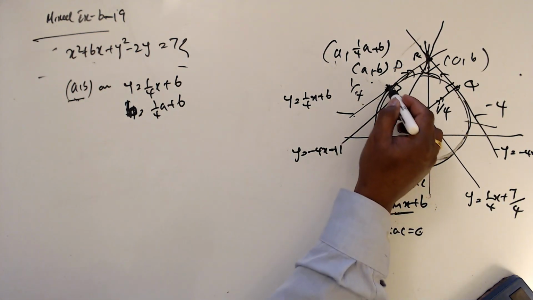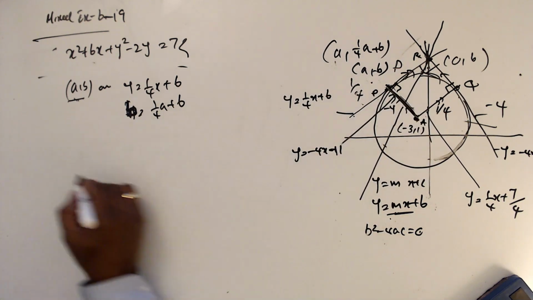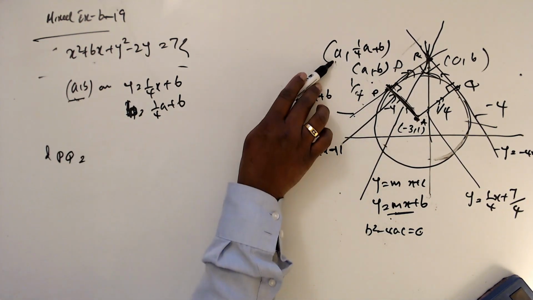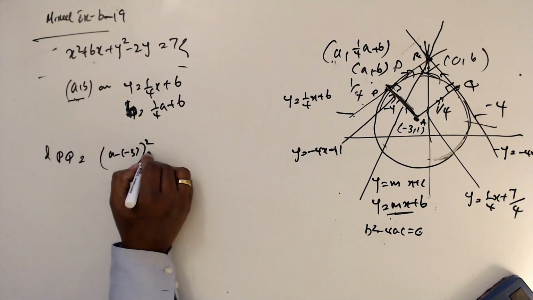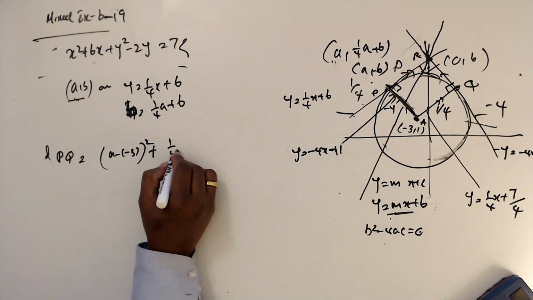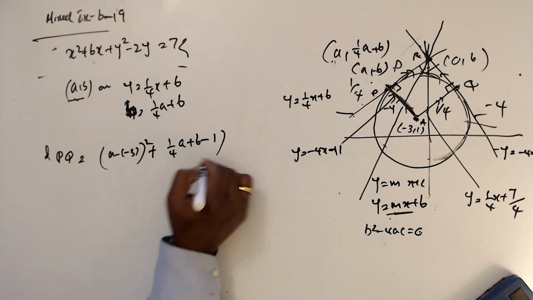Now I can write this distance, the PQ distance. d PQ is the square root of (a minus 3) squared plus (b minus 1) squared, with b being 1 over 4 a plus 6.